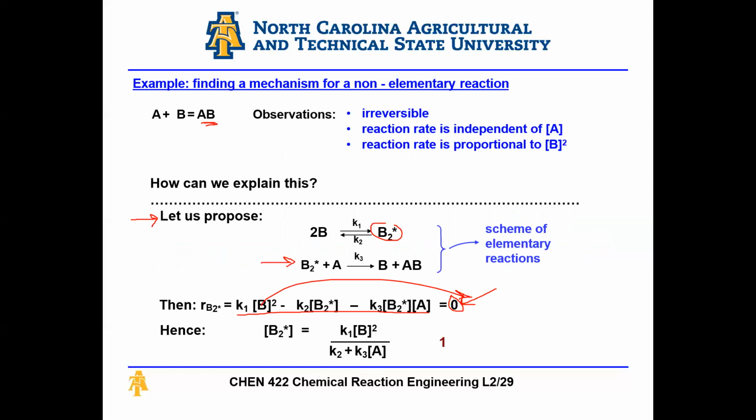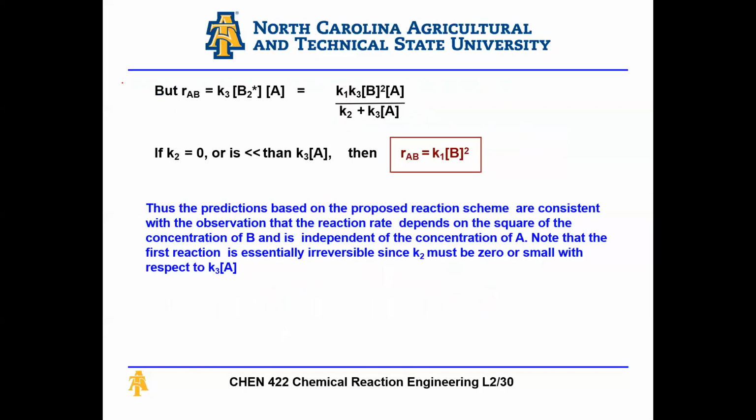In the scheme I proposed, the rate of formation of AB is governed by this equation: R_AB is equal to k3 multiplied by B2* multiplied by A. A, I see in my reaction; B2* is a hidden intermediate.